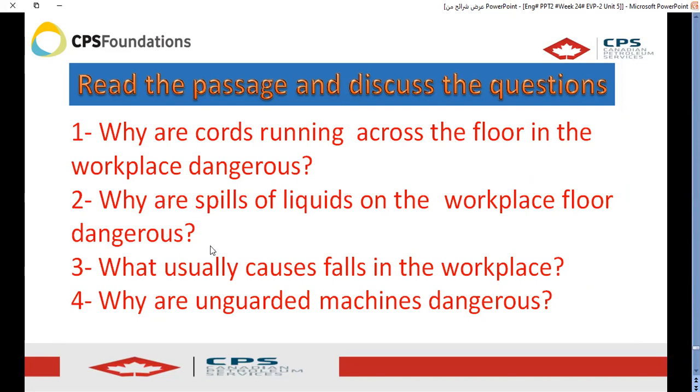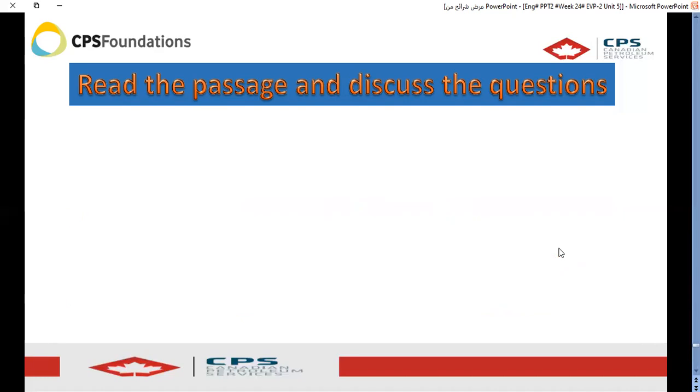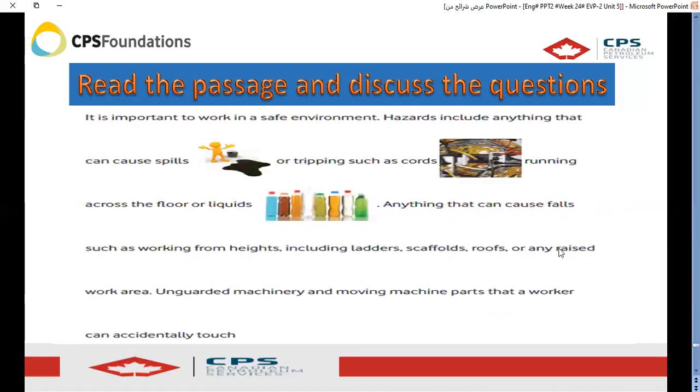They make the floor slippery, so they may cause slips, right? What usually causes falls in the workplace? Let's get back to the reading. A lot of sources, in fact, including ladders, scaffolds, roofs, or any raised work area.